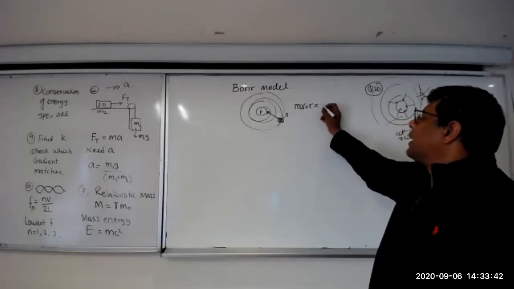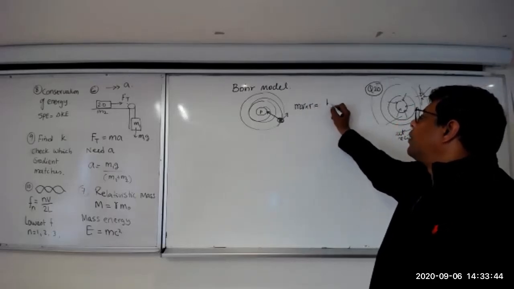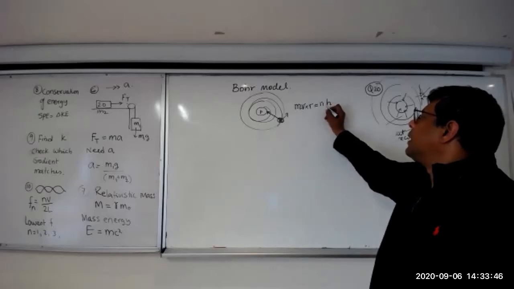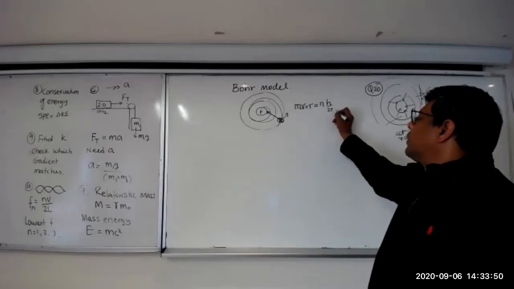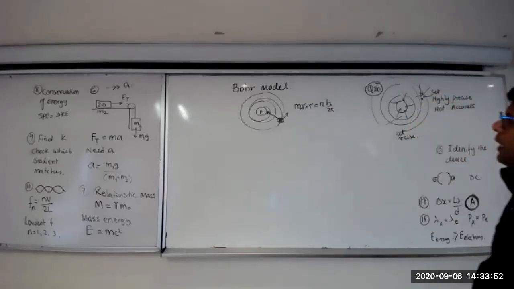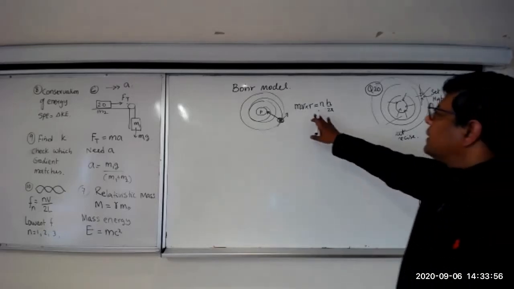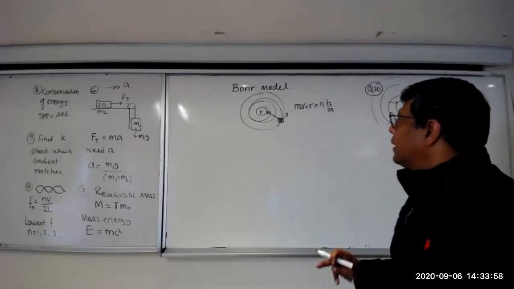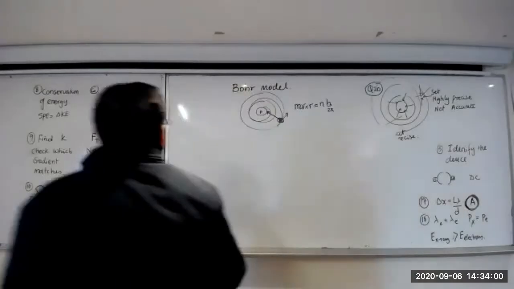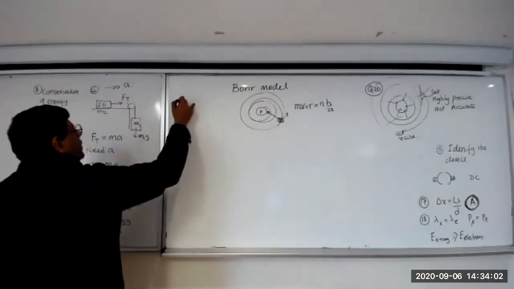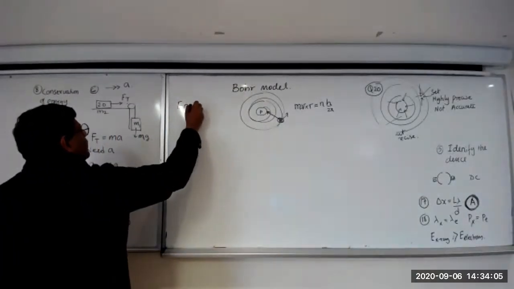He said that if it is a multiple of the Planck constant, h over 2 pi, then the electron can sustain. But there was no clear reasoning for that. Based on that, he came up with these energy level diagrams.